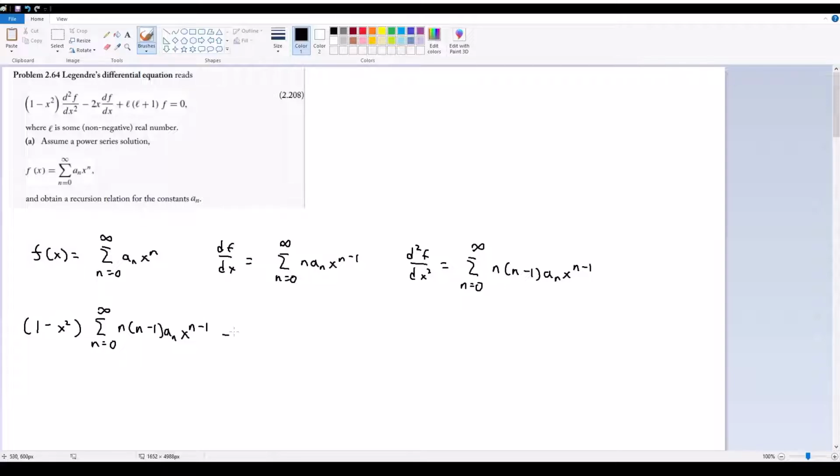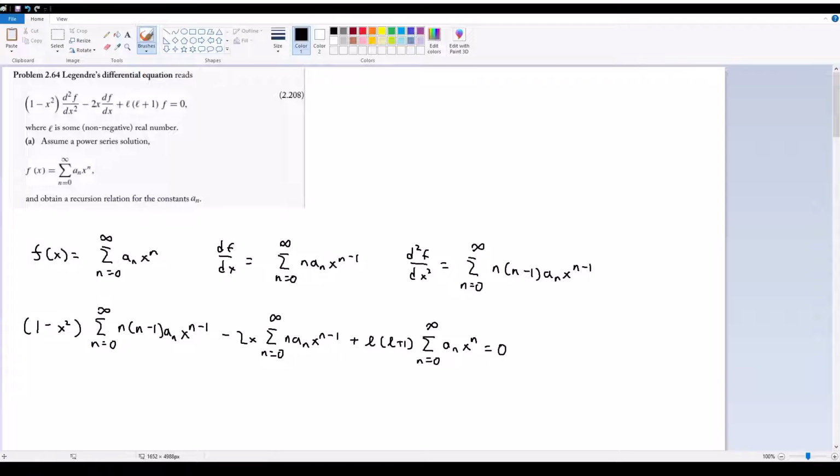And this is subtracted by 2x multiplied by the summation from n equals 0 to infinity of n a_n x to the power of n minus 1. And then we're adding l times (l plus 1), and then times the summation n equals 0 to infinity a_n x to the power of n, and this is equal to 0.